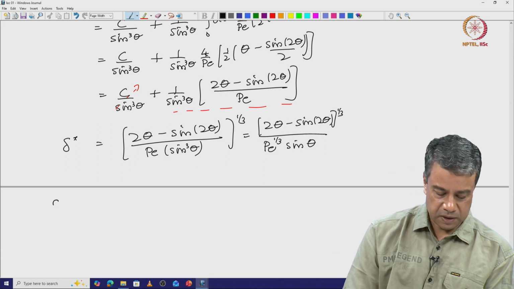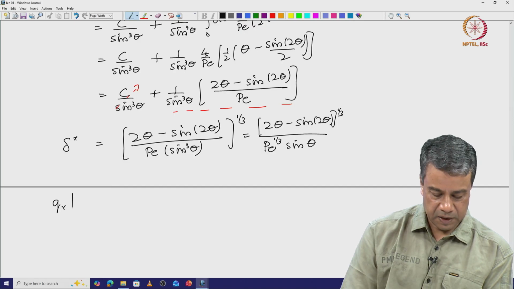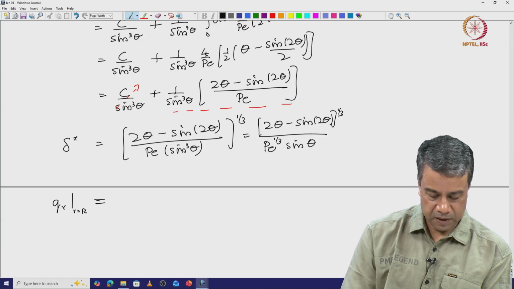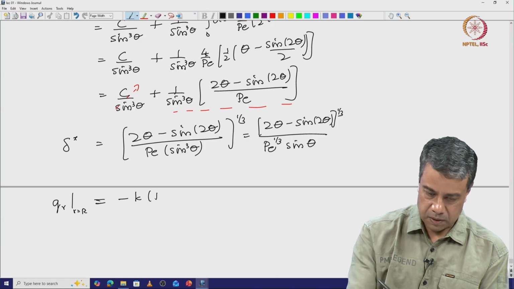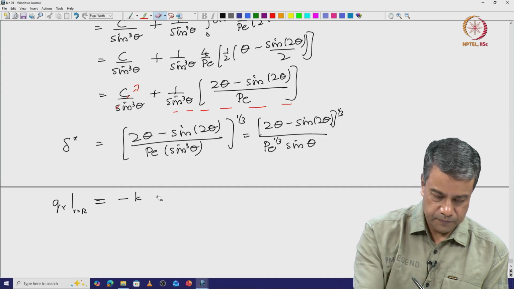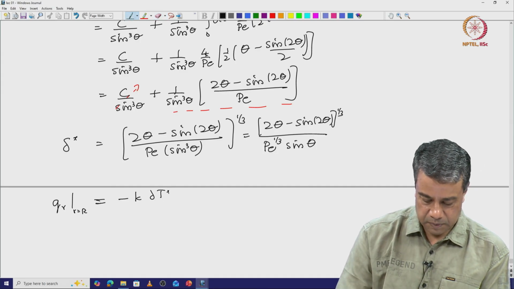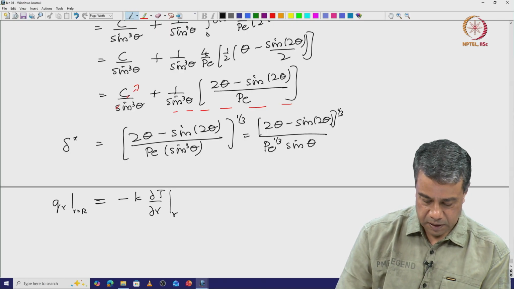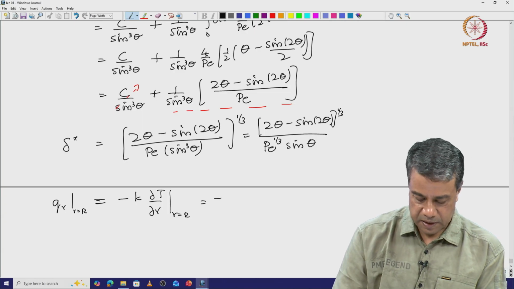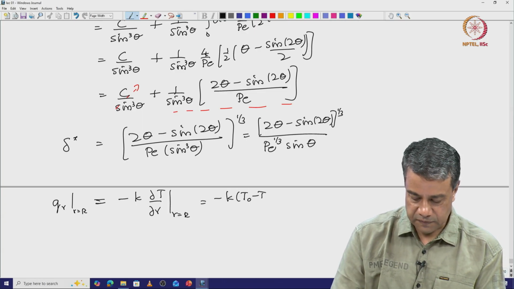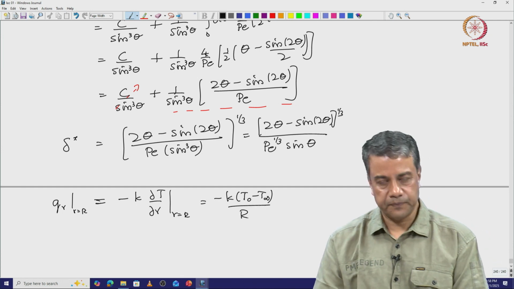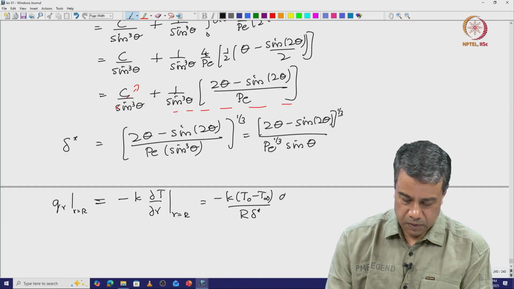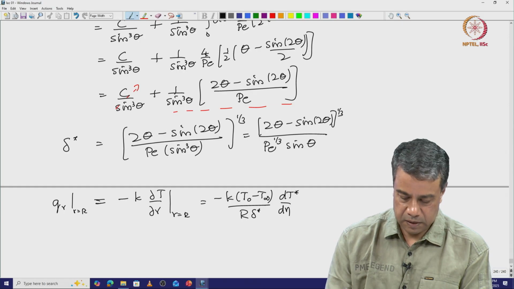So the flux q_r at r equals R is equal to minus k into partial T star by partial r at r equal to R, which is the same as minus k into (T_0 minus T_infinity) by R into delta star into dT star by d eta.